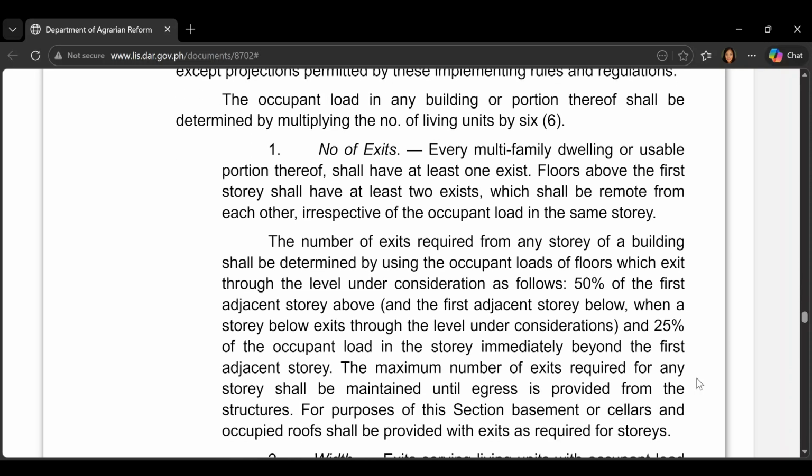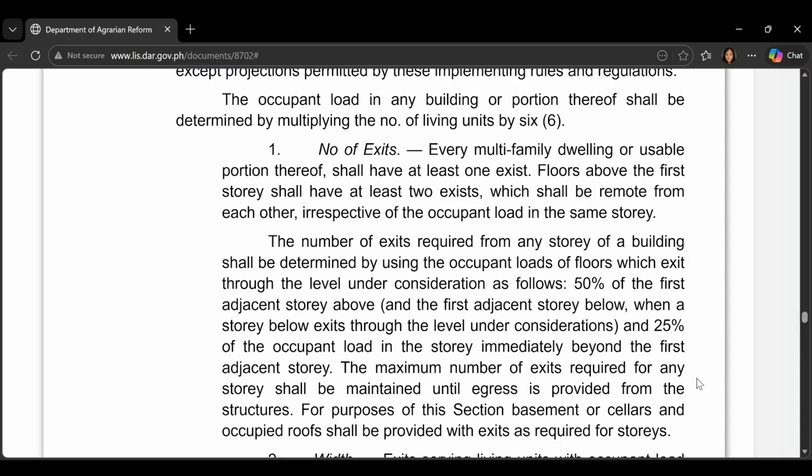The number of exits required from any story of a building shall be determined by using the occupant loads of floors which exit through the level under consideration as follows: 50% of the first adjacent story above and the first adjacent story below when a story below exits through the level under consideration, and 25% of the occupant load in the story immediately beyond the first adjacent story.